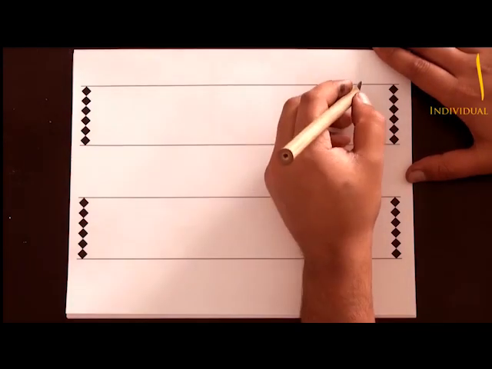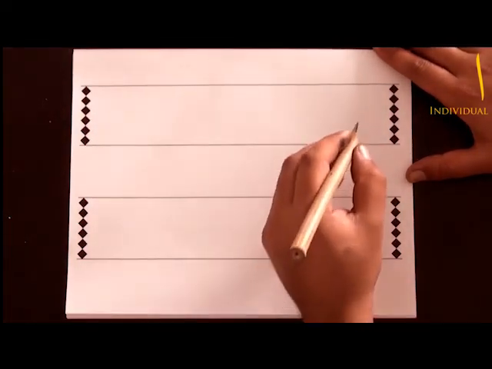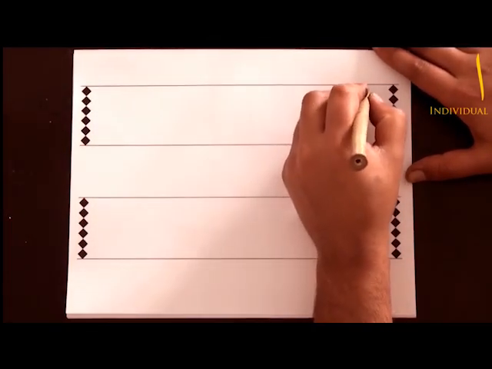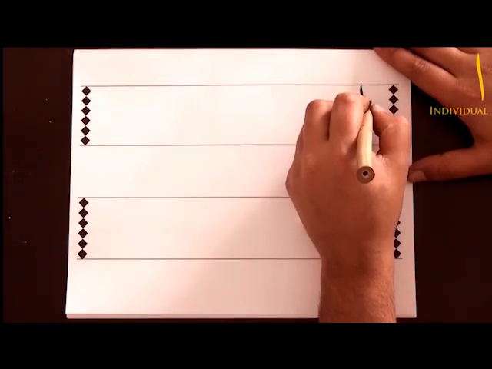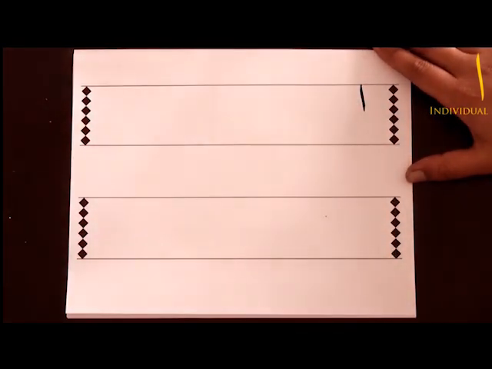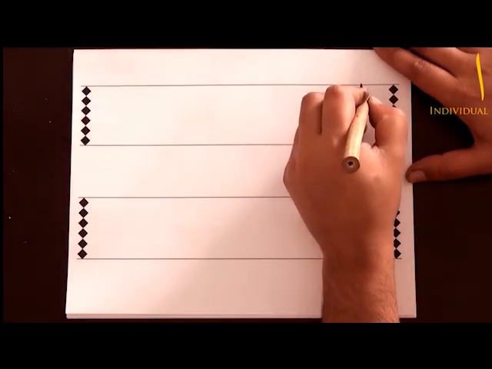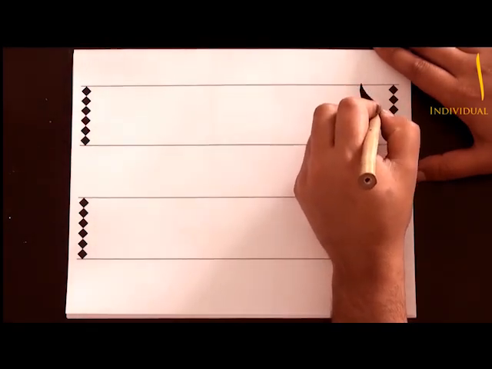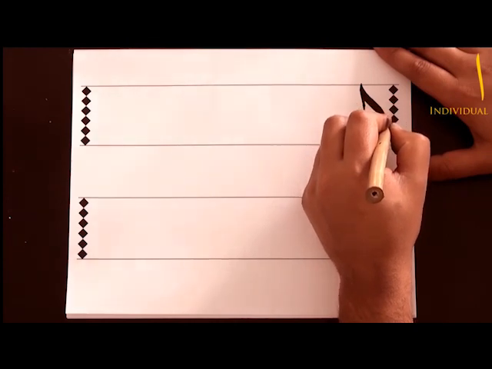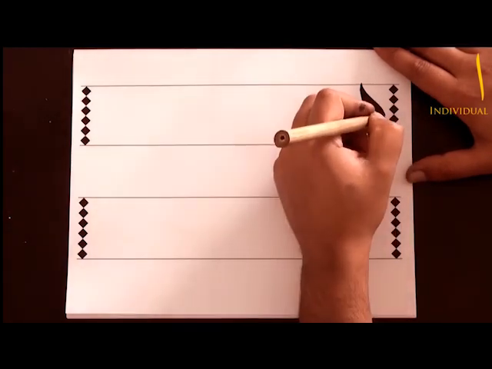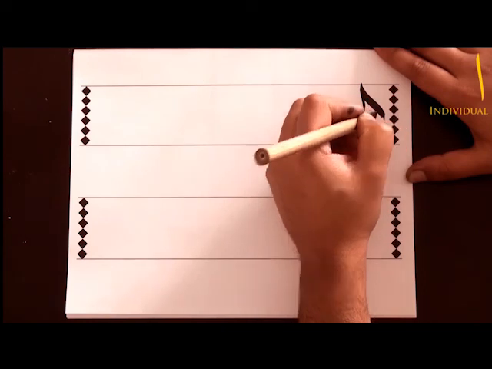To script the individual letter Alif in Diwani, you'd first script a vertical line going down from the top stem. The second stroke is a curved stroke where you would first regress downwards, then go right, and then regress downwards again.